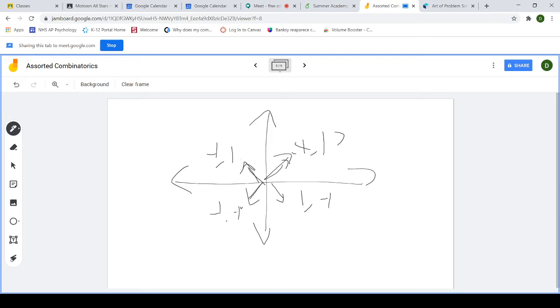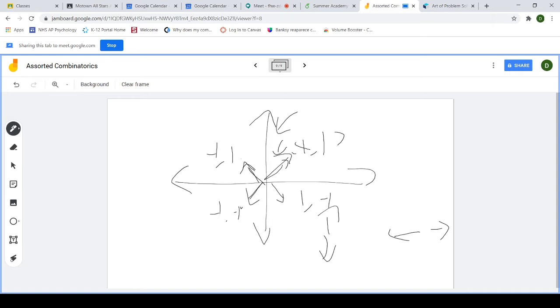Now you might be asking, why does this help at all? Here's what's interesting about this. Let's notice that we want to land on one of these coordinate axes. Each of these diagonals looks like this: we choose either up or down, and we choose either left or right.